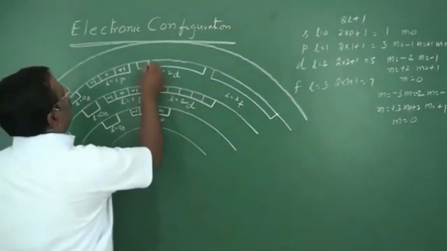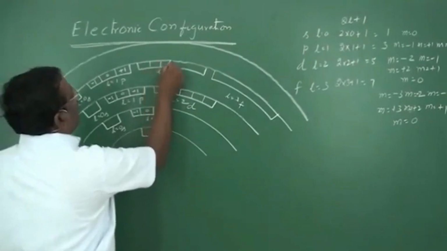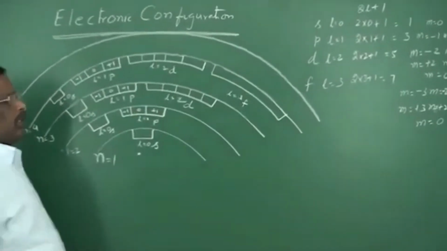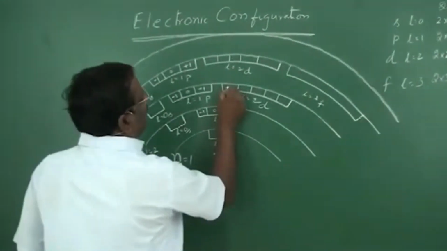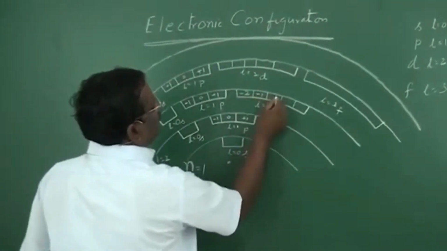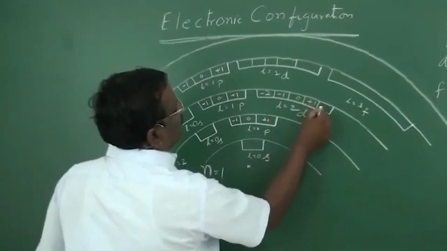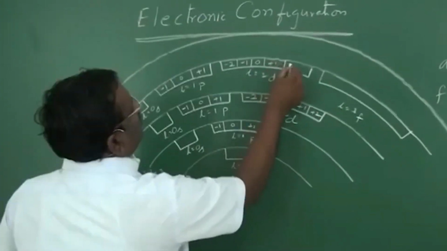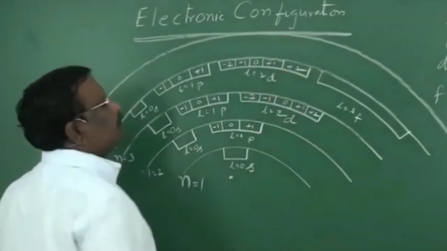And each orbital will have a different m value. The m values are minus 2, minus 1, 0, plus 1, and plus 2.